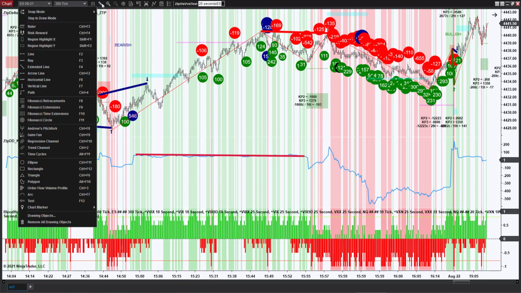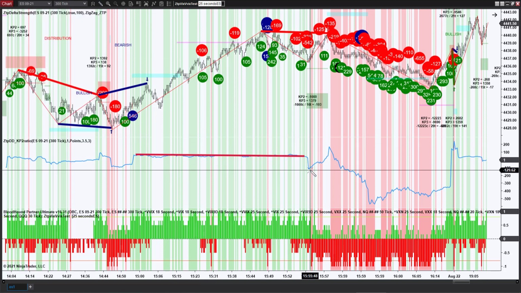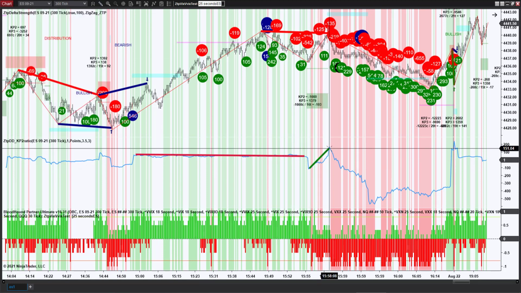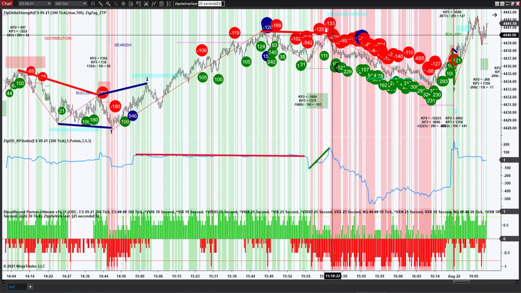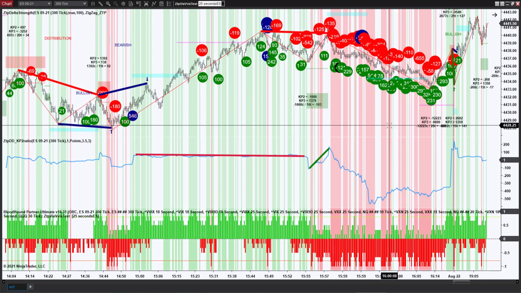However, here, as we go into the exhaustion pattern, that is exactly what we want to see. We want to see a rising KP2 number, which is indicating resistance here at the side of our trade. And that's going to wrap up all the trades for the week of August 16th to August 20th.